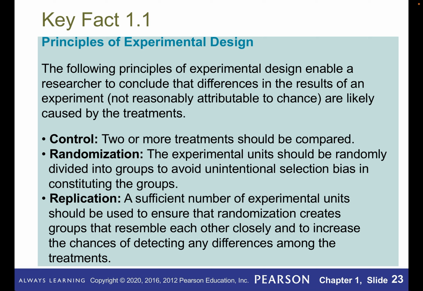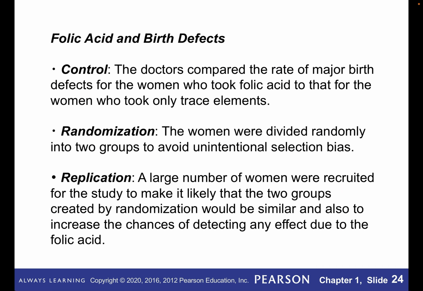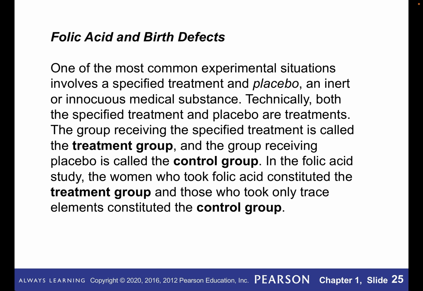Replication refers to having a sufficient number of units, people in the study, so that the groups resemble each other, and we can increase the chances of detecting differences among the treatments. You can see here how these three principles were incorporated into the folic acid study.